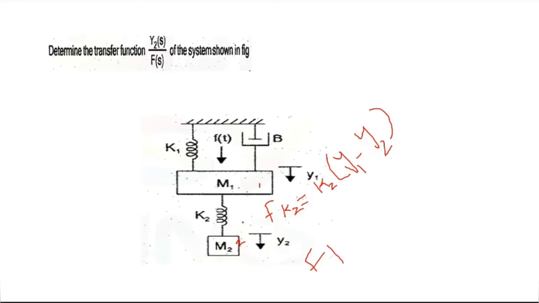This is for node 1. When you consider node 1, this will be the equation. When you consider node 2, what will be the equation for Fk2? K2 into, anybody?